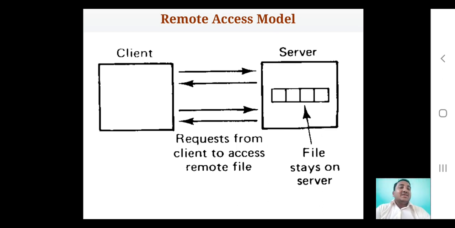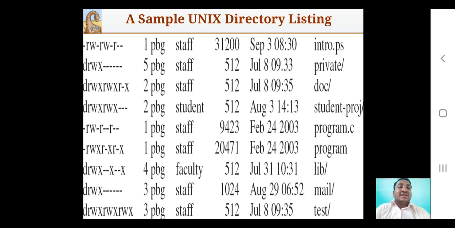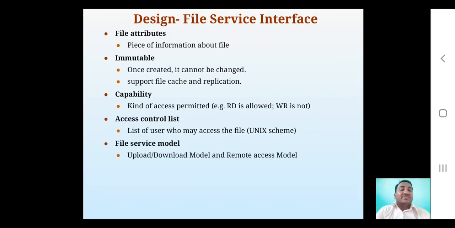So in this way the design of the file service interface can be understood, where we have the policy of file attribute immutability, the specification of capability as a ticket provided to the user, the access control list maintained by the group owner, and the file service model in consideration.